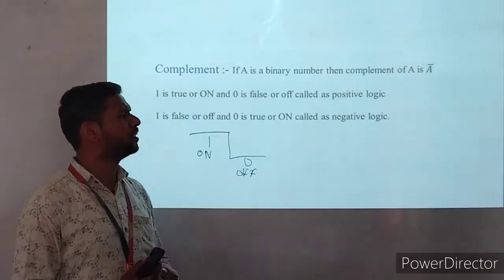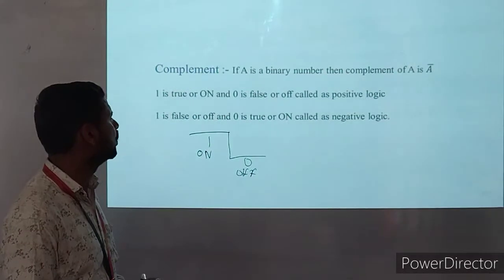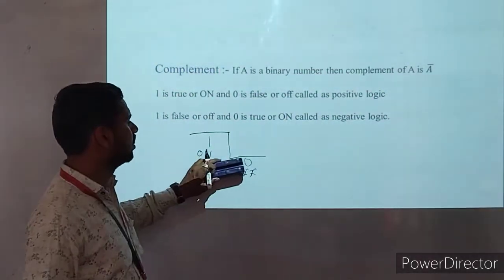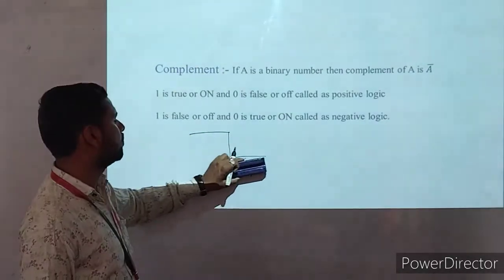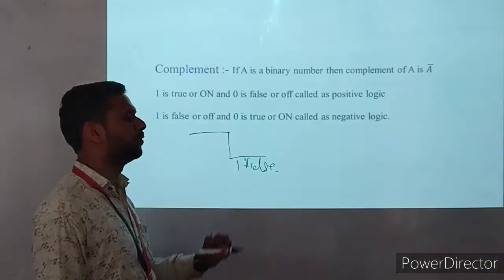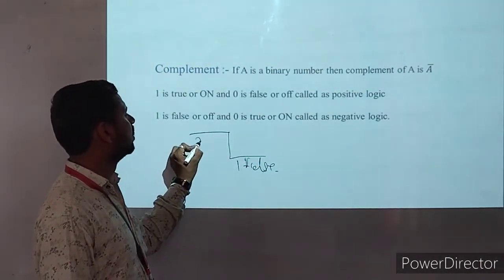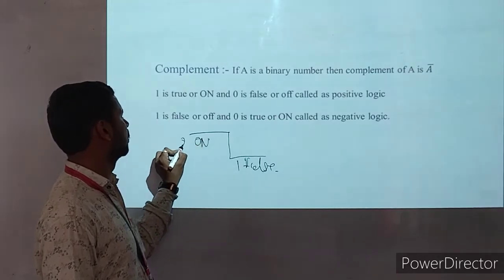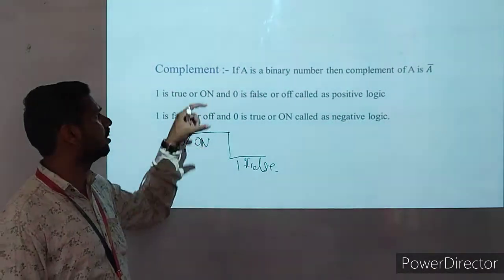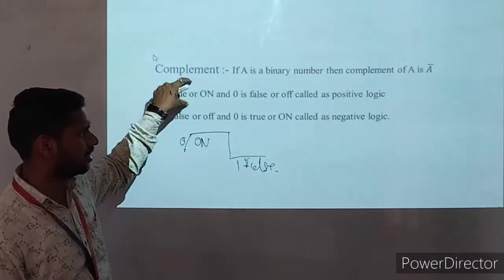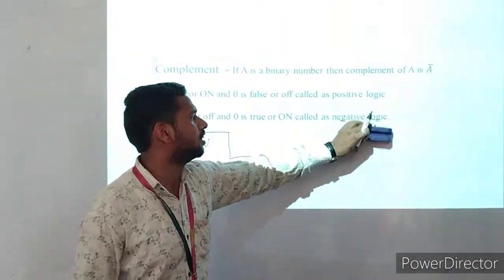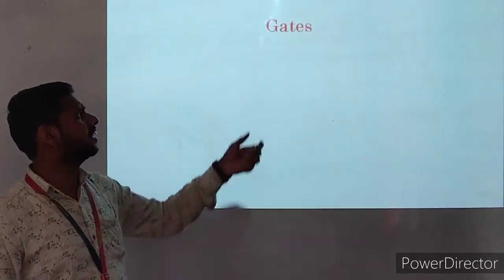And the opposite is negative logic, where 1 is false or off, and 0 is on or true. That is the negative logic. There are three logics: one is the complement, another is the positive logic, and another is the negative logic.